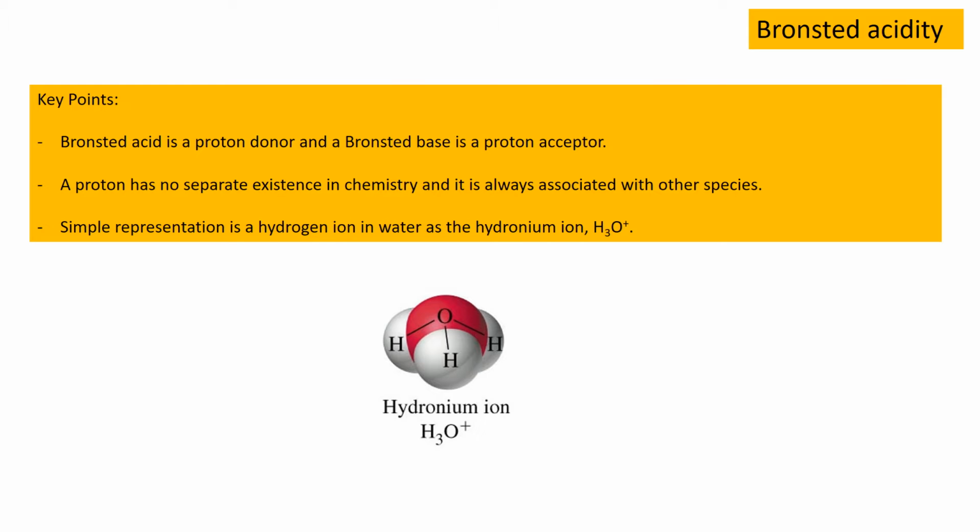A good example of that is the hydronium ion. This is how we would represent, under this theory, the hydrogen ion in water as H3O+. So again, you can see that the proton doesn't have a separate existence here. It's represented by the hydronium ion.